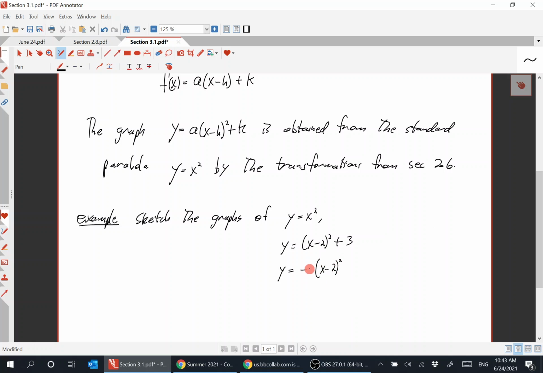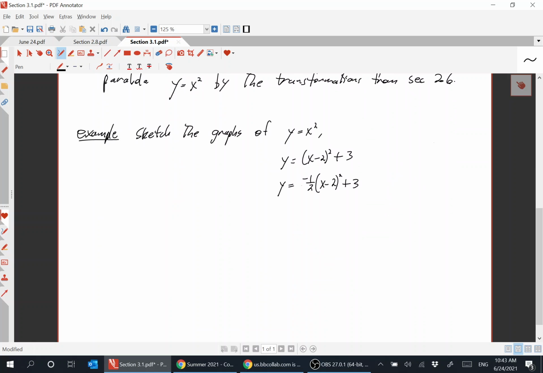Let's put a half, plus 3. Okay, so let's start with y equals x squared. Actually, let me do one more even.